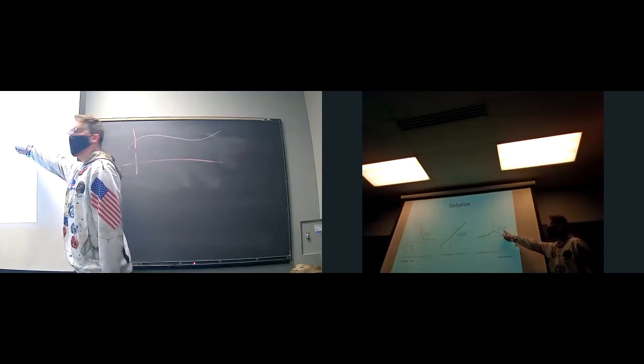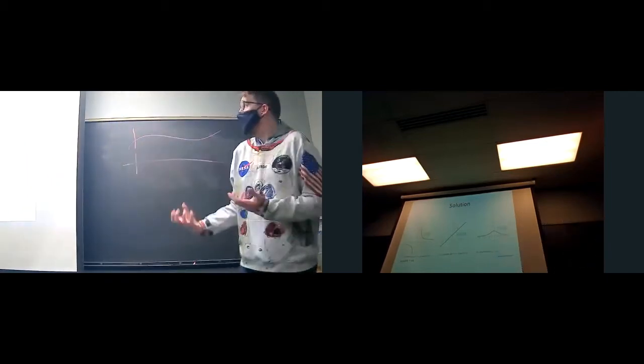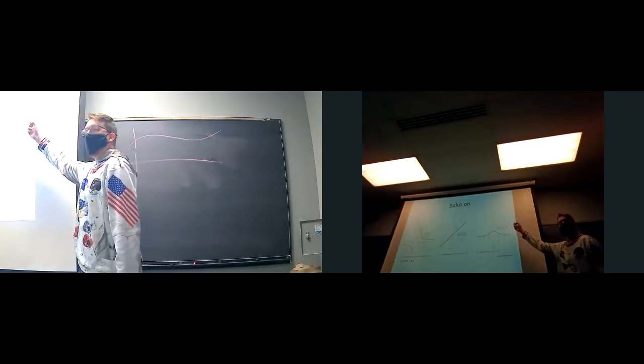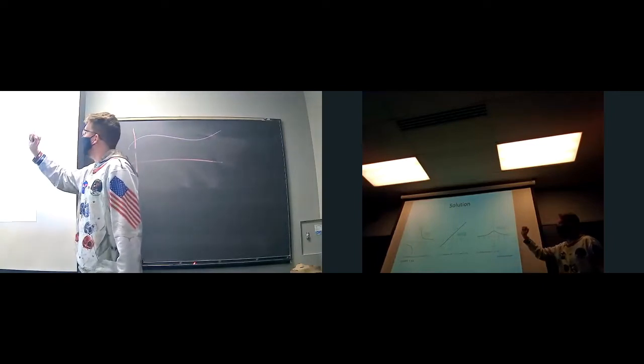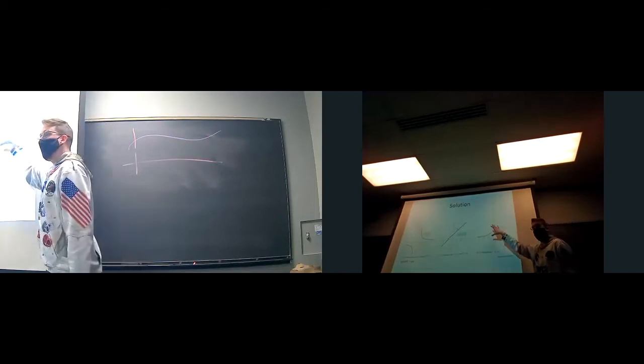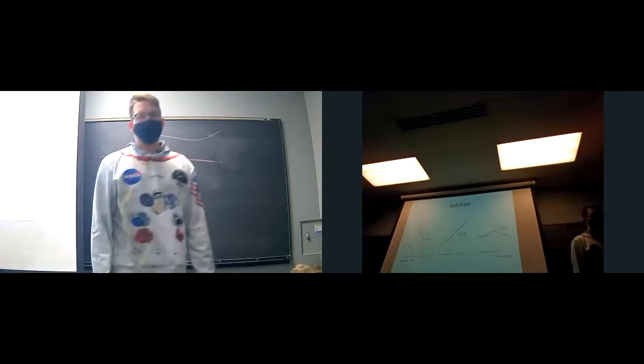Is there any real number that can make that denominator 0? No, right? Like x squared plus 1, the smallest it's ever going to get is 1. So this function as a whole is never going to have a discontinuity, and in that way, we would say that it's continuous from negative infinity to infinity.